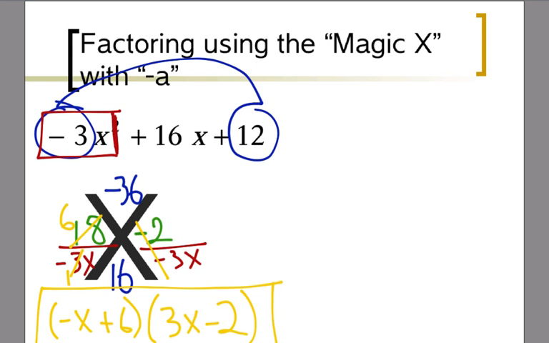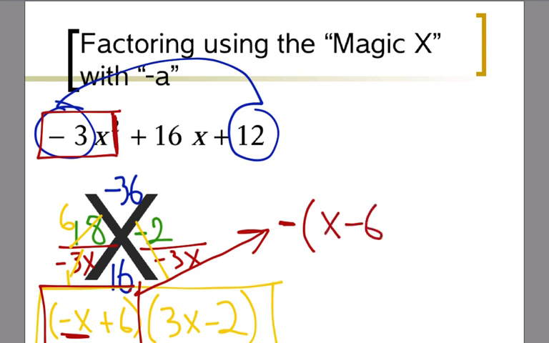A similar answer, or an answer that continues from here, is you can actually work with this front parentheses, and you can pull out a negative. I don't think it'll make a difference in the lab, but it's possible that it might. This has a negative x in front, and that's kind of weird. What you can actually do is pull out a negative from there and turn that into positive x minus 6.